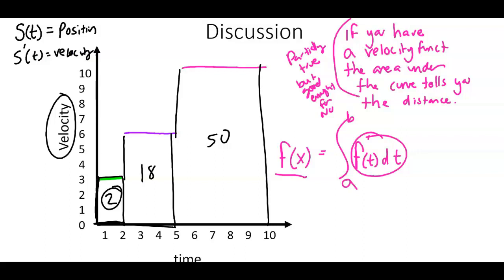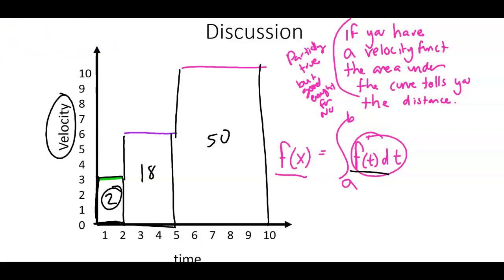Here, if we start with the velocity and we integrate it, we get the position, how much the distance changed. Here, if we start with the position and take the derivative, we get the velocity. It's just going opposite directions. So those two concepts are just inverses of each other. Just want to make that known to you, but you don't need to write that in your notes because we're not talking about that right now.